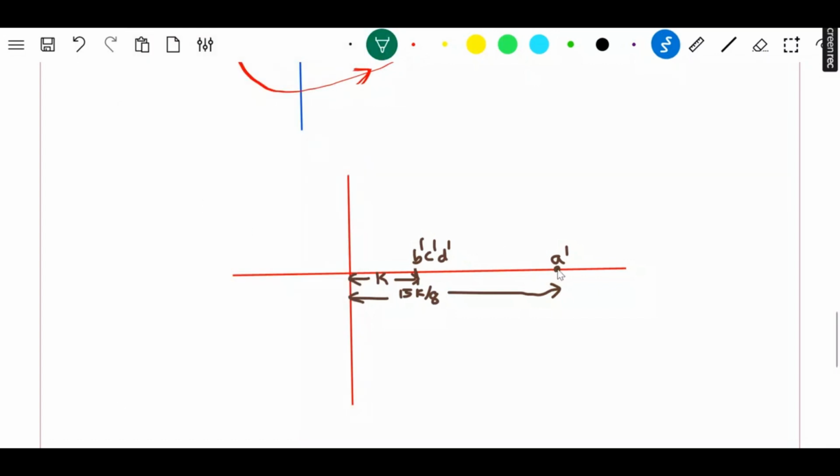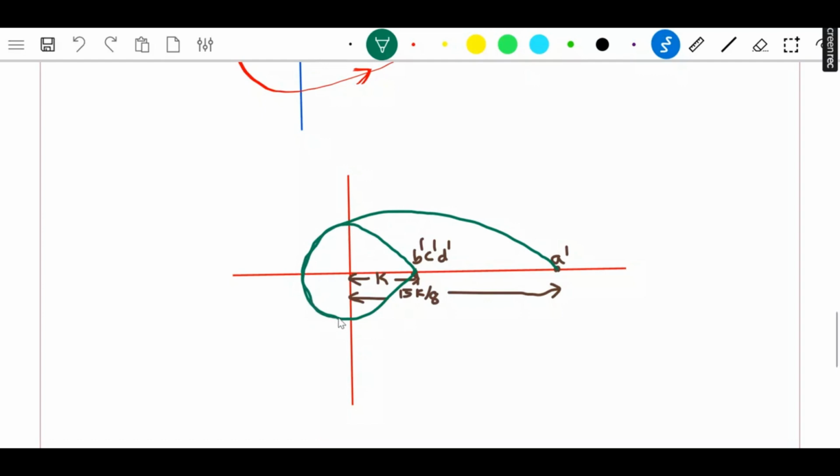We had a curve coming from A dash to B dash like this, and a curve going from D dash on the same line like this, going to A dash.